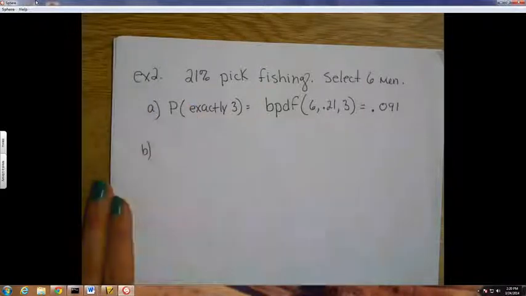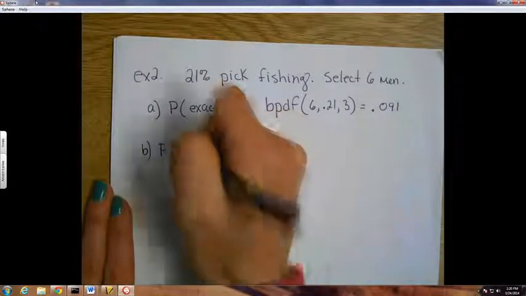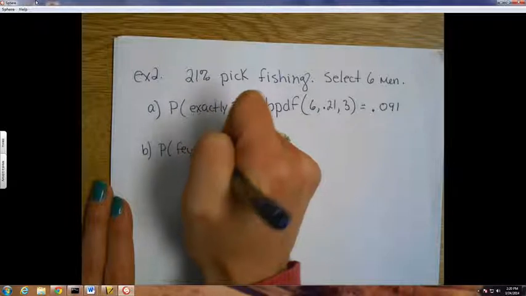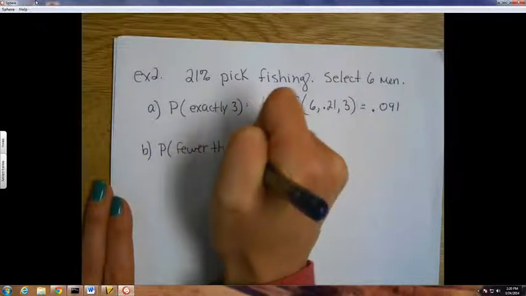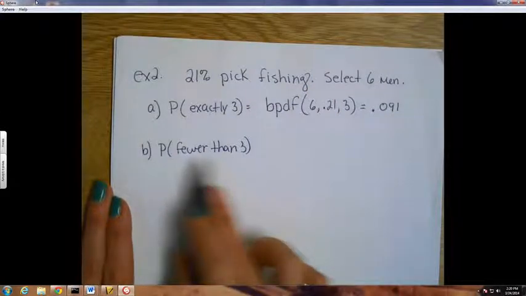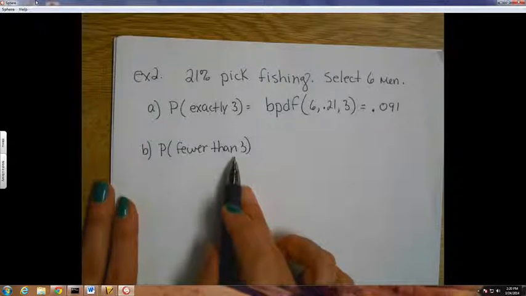Now let me make it challenging again. That was Friday's stuff. What's the probability of getting fewer than 3? I always like to write down what this actually means to me. Which probabilities am I looking for if I'm talking fewer than 3?